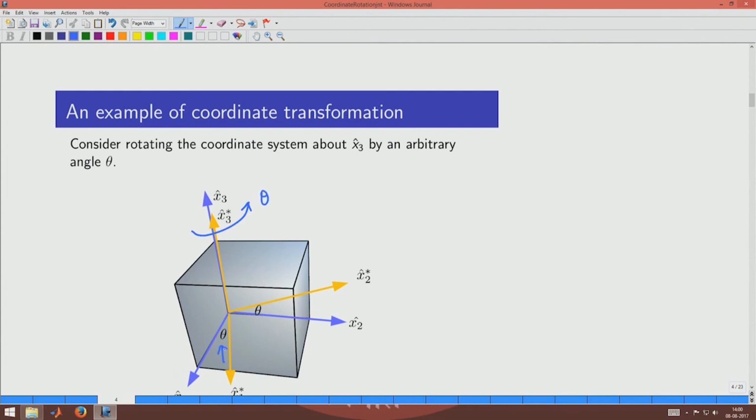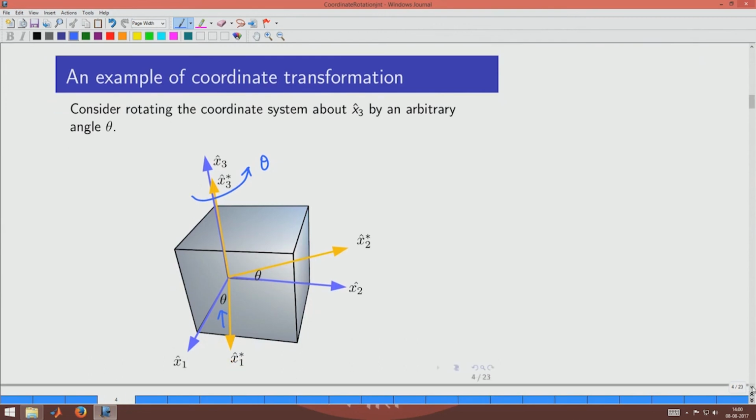This means that the new and the old x3 unit vectors coincide, but x1 and x2 are now rotated by a certain angle theta that is given here. We will derive how we can represent the new unit vectors with respect to the older ones and vice versa.